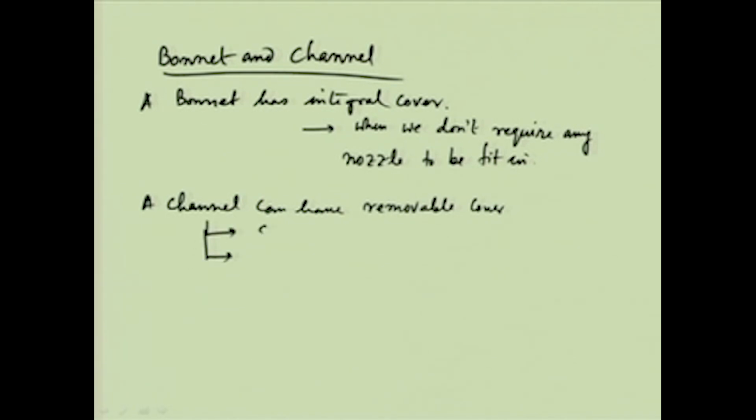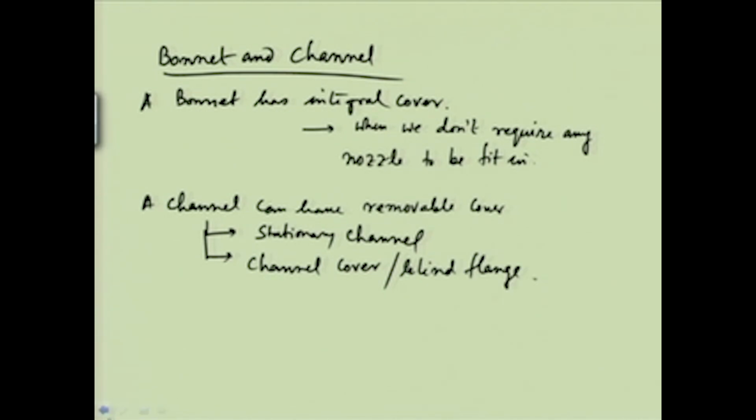One is called the stationary channel, and the second part is the channel cover, which is also called a blind flange.